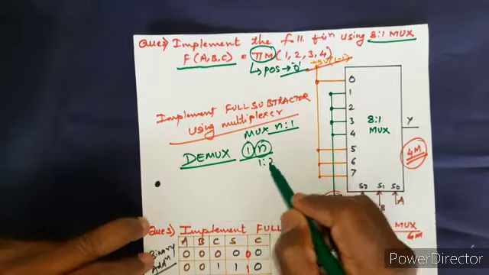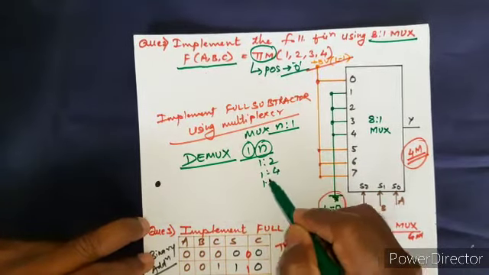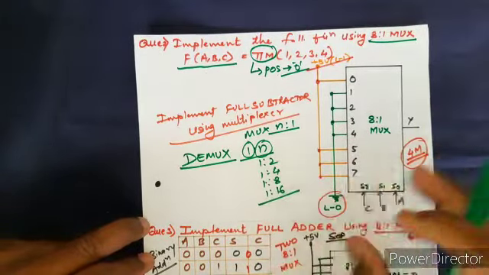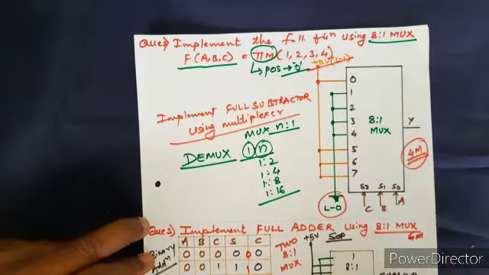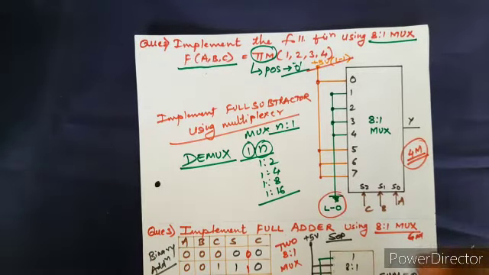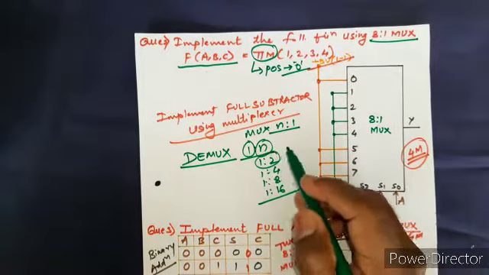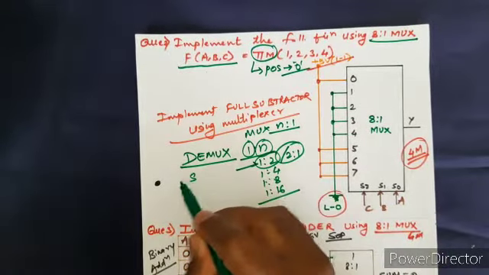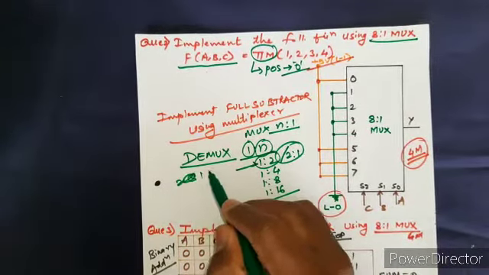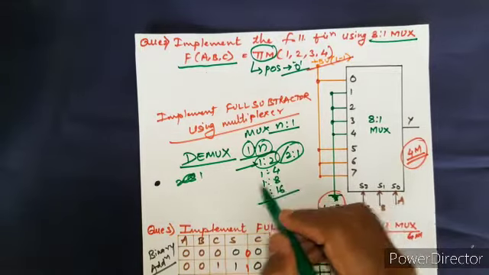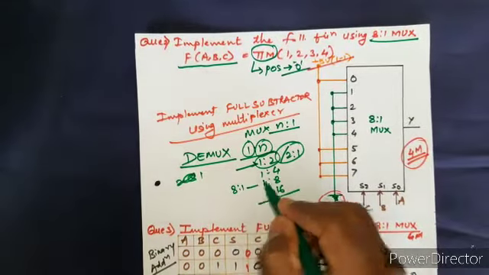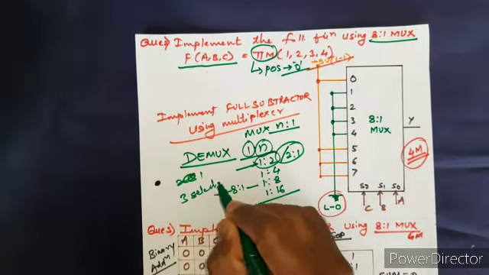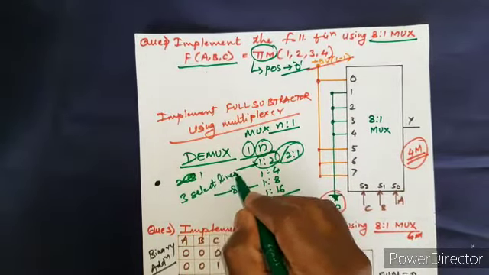So here we can have 1 is to 2, 1 is to 4, 1 is to 8, 1 is to 16. Some of the concepts are correlated between multiplexers and demultiplexers. For 2 is to 1 or 1 is to 2, one select line is required. For 8 is to 1 and 1 is to 8, 3 select lines are required.